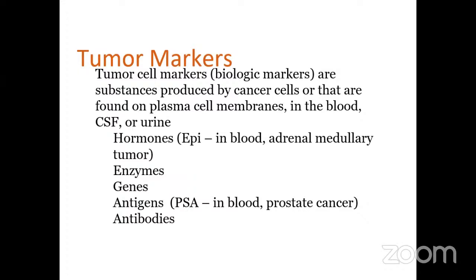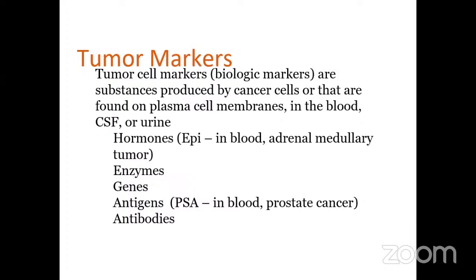So the tumor cells will express some markers on the plasma membrane, or in blood, or in cerebrospinal fluid, or urine. There are some markers which you can detect only when there is a tumor, like hormones, then enzymes.